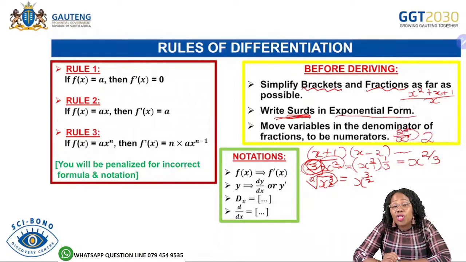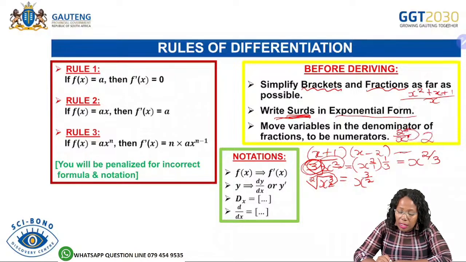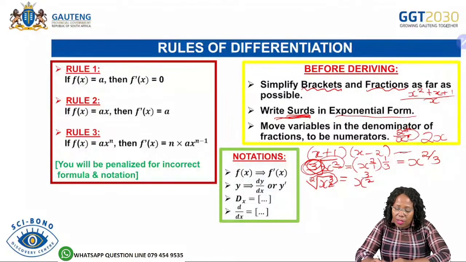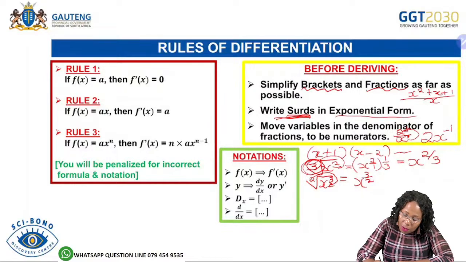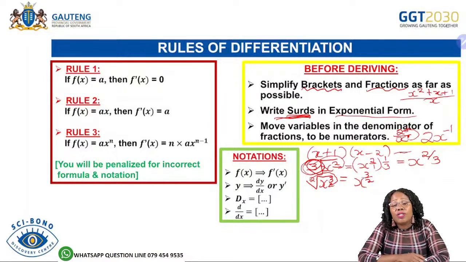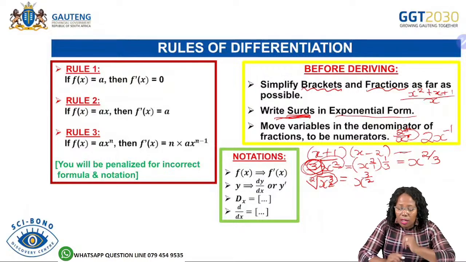You write the 2, which is still a numerator or on top, and then you take x up. The minute this x goes from denominator to the numerator, then it will be x to the power minus 1. It changes its exponential sign. That is what we mean about move the variables in the denominator of the fraction to be the numerator.